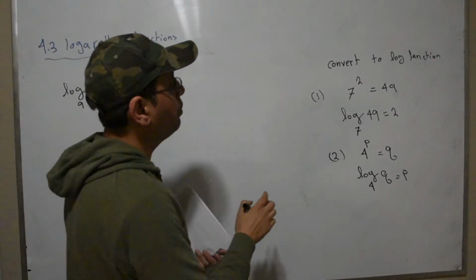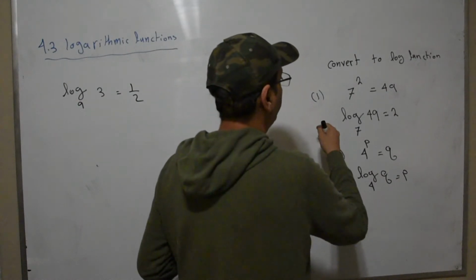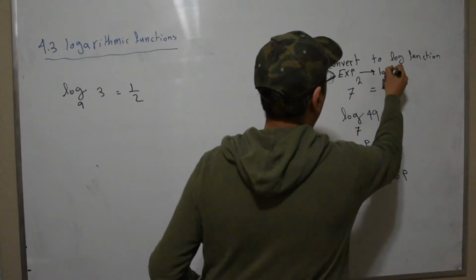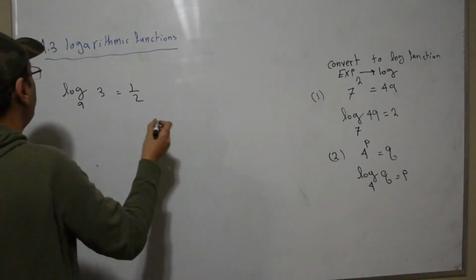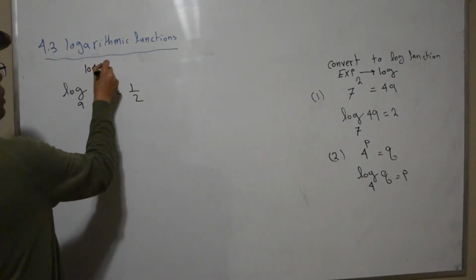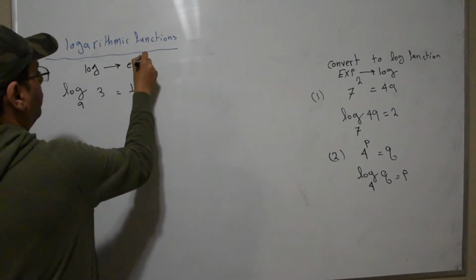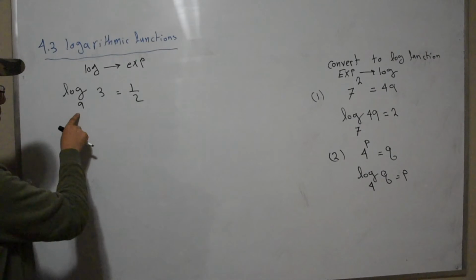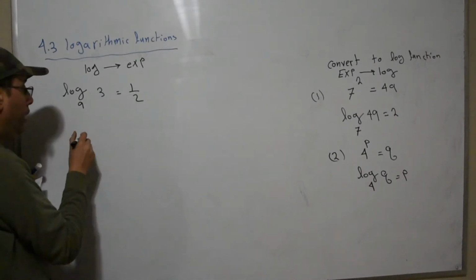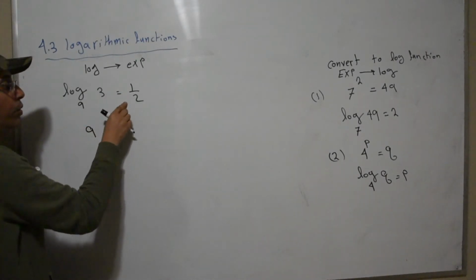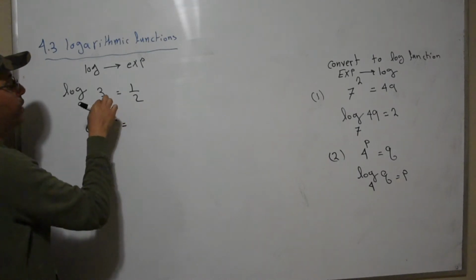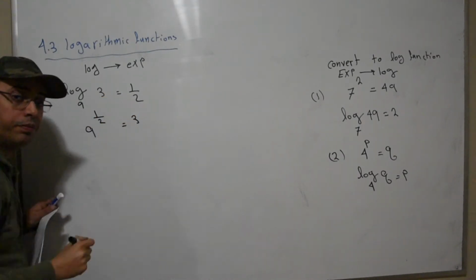I converted from exponential to log before, and now I'm going to convert from log to exponential. Think about that. Where's the base here? The base is 9. And where is the exponent? The exponent is 1/2. And the argument becomes the answer.